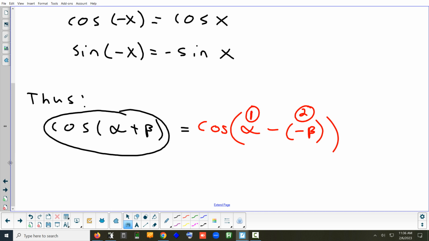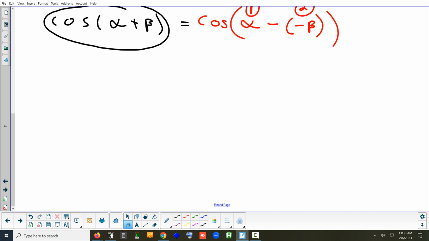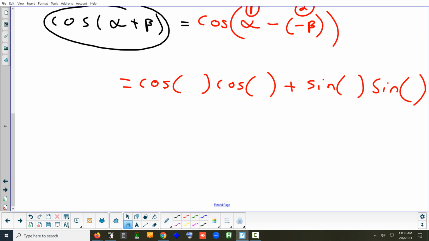Okay, let's write down our formula to simplify the right-hand side. Can someone tell me just the outline of the formula? You don't have to fill in anything. Cosine times cosine, plus sine times sine. Okay. Now I want to fill them all in.